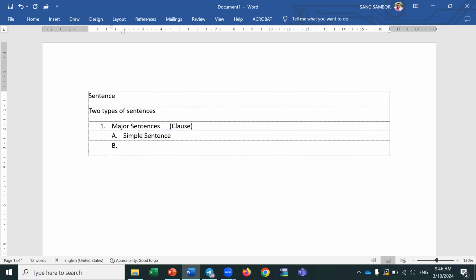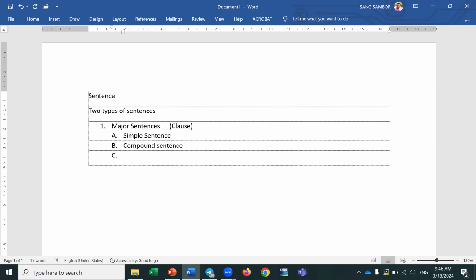A sentence that contains two clauses with the help of a coordinating conjunction we call compound sentence. A sentence containing two clauses with the help of a subordinating conjunction we call complex sentence. Right?